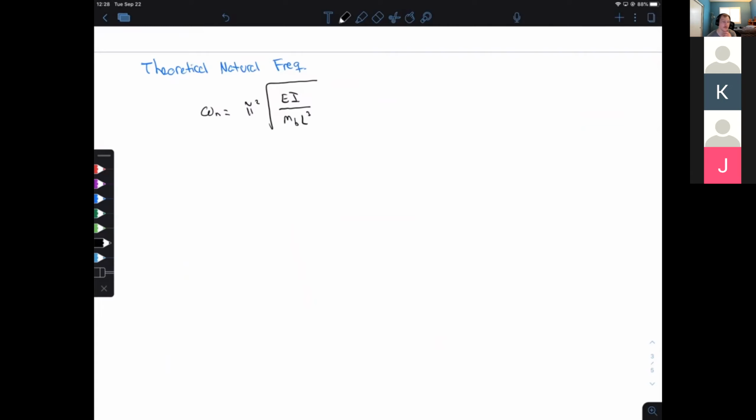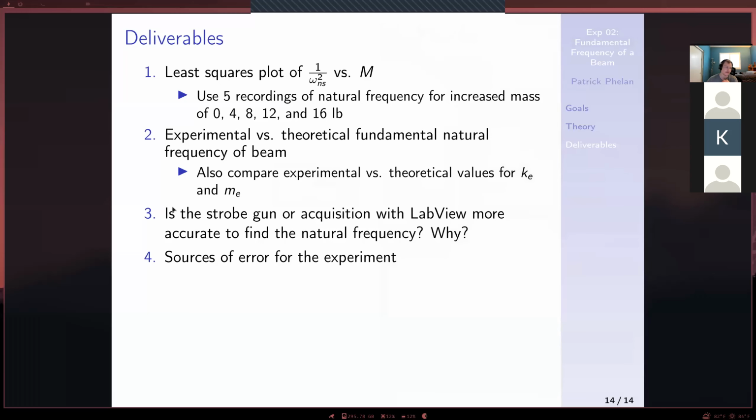So for this lab, we're going to need a least squares plot of 1 divided by omega NF squared versus our added mass, capital M. So we have 5 readings of the natural frequency. I'll show you, let me share my other screen. Okay, so this is the last slide on the slides.